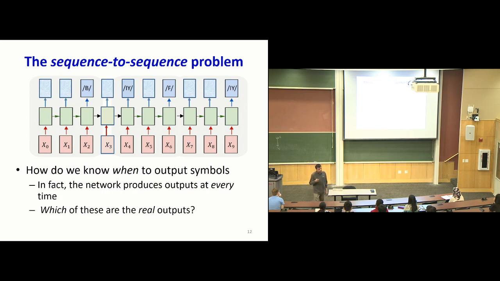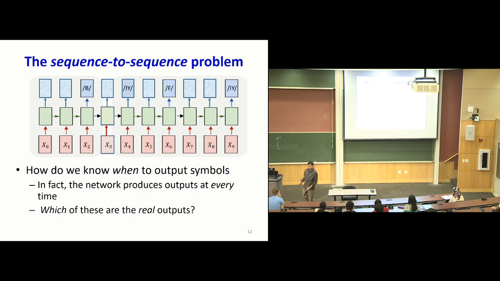The reason for this is that the network itself actually produces an output at every time. We have to decide which of these outputs to pick to get the correct output sequence. And the information about when to read the output has not been provided to you.